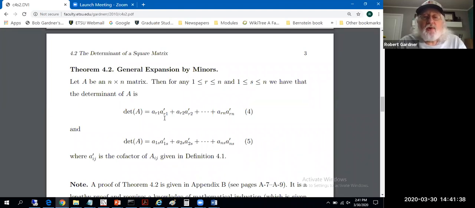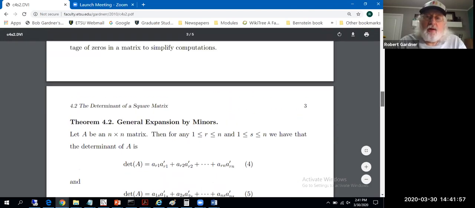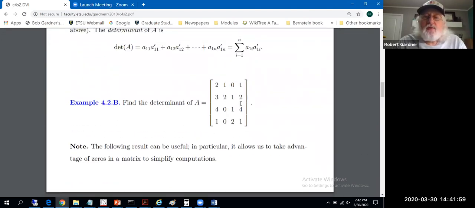Times cofactor A sub R1 prime. Plus A sub R2, cofactor A sub R2 prime, up through A sub Rn, cofactor A sub Rn prime. So instead of going across the first row, it's the same pattern, except we're going across the rth row. So up here, for example, we could have expanded along this third row instead of expanding along the first row.